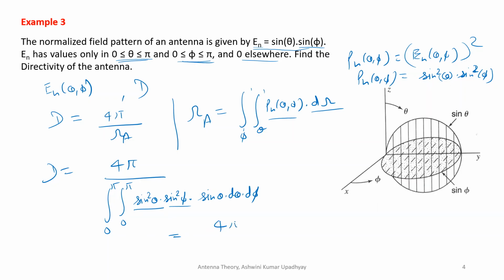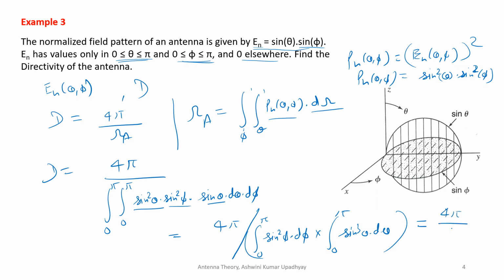So D will be 4 pi divided by the first integral with respect to phi, which will be sine square phi d phi, multiplied by the second integral from 0 to pi. The sine theta and sine square theta will multiply and become sine cube theta d theta. So all you have to do is apply simple integral identities and you will find the final value as 4 pi divided by 2 pi by 3.